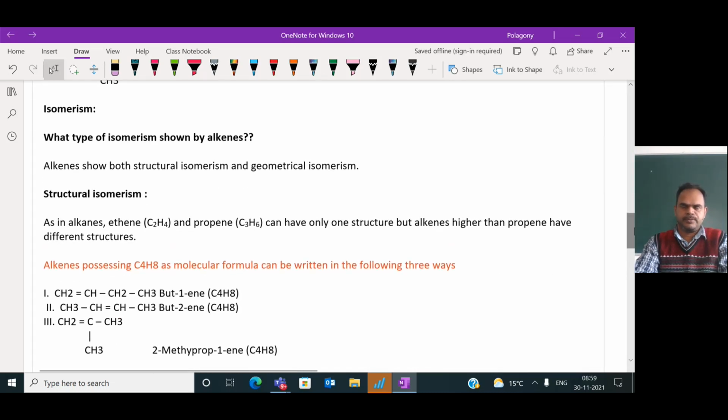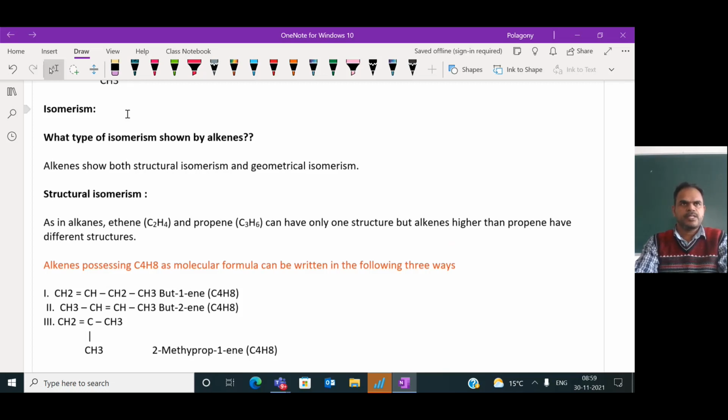And now let us discuss what type of isomerism is shown by the alkenes. Already you know that isomerism is the phenomenon of organic molecules exhibiting different structures for the same molecular formula.